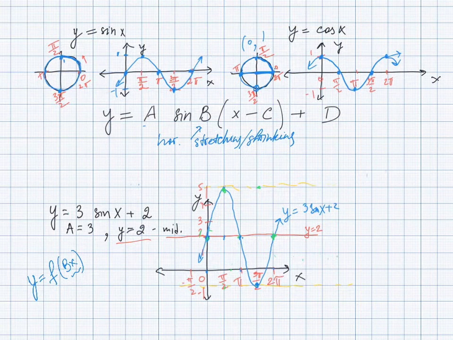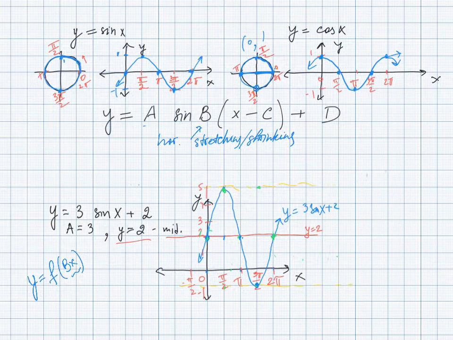But this is probably the hardest or one of the hardest transformations to do physically. How do you shrink or stretch the graph? This is why we are using a specific language for sine cosine graphs.